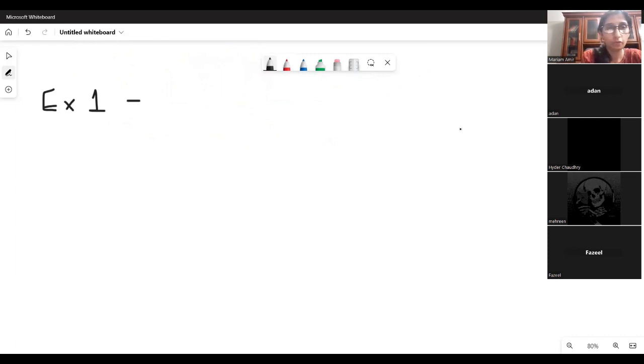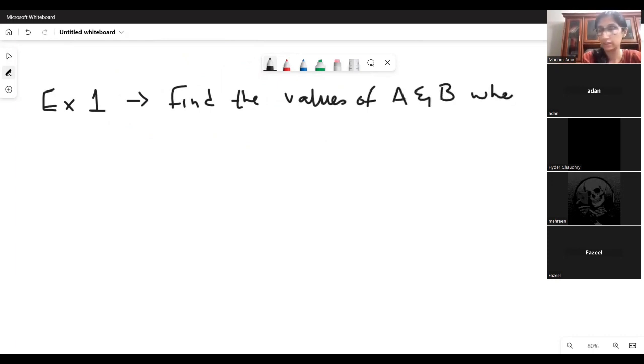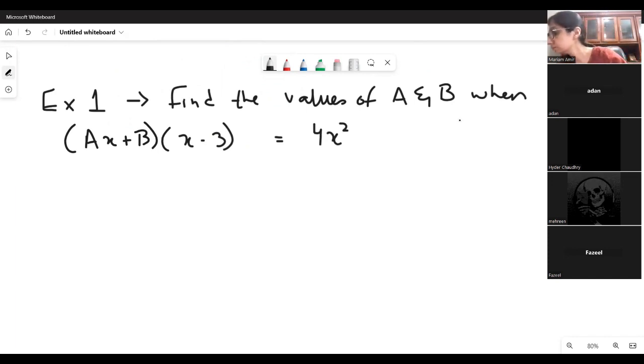Find the values of A and B when (ax plus b)(x minus 3) equals 4x square minus 11x minus 3.